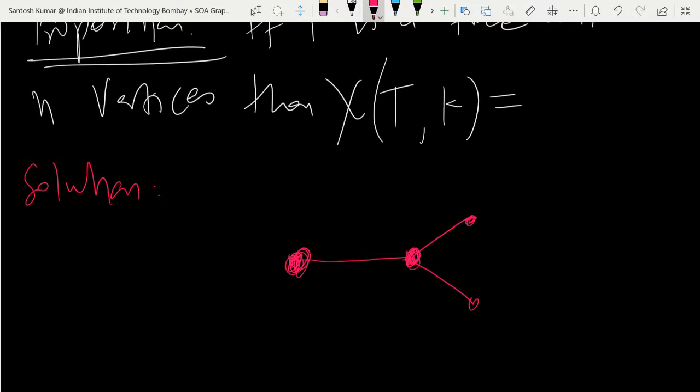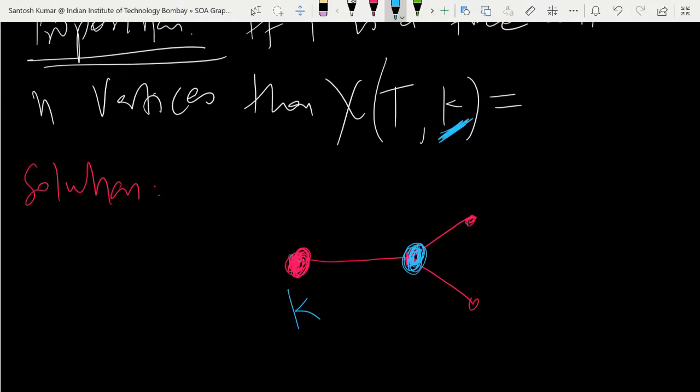At this position you have k total available colors. You can use any one of the colors at this vertex. Now how many choices do you have at the next position?